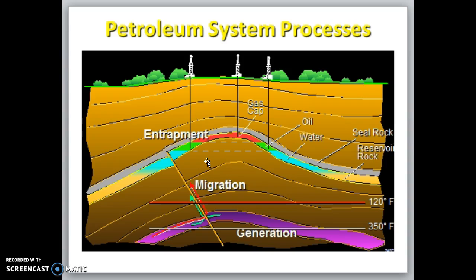Okay, then there must be traps. If you can see from this figure, these are the structural traps of faults and an anticline, which will prevent the oil and gas from going up or leaking, as well as the seal rock that keeps the petroleum below ground, and this is where the accumulation process occurs.